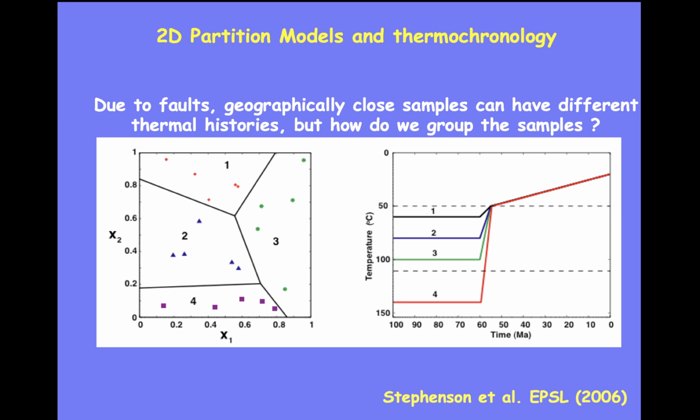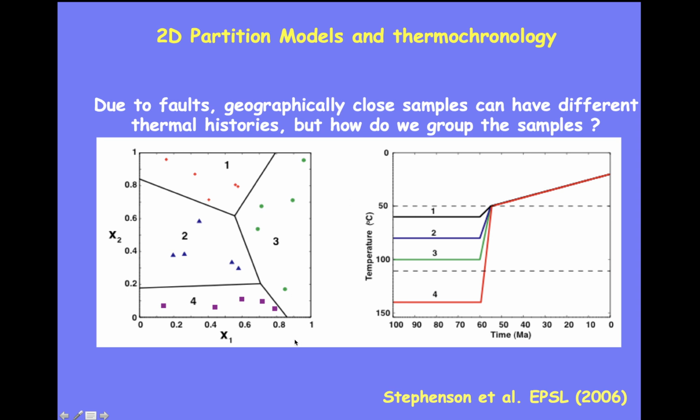We published an approach for this a long time ago, in 2006, and this is just taken from that paper. It's a simple synthetic example where we have four partitions, 1, 2, 3, and 4, spatially, x1, x2, as x and y, longitude, latitude. The thermal history in each sample is relatively simple, but different.